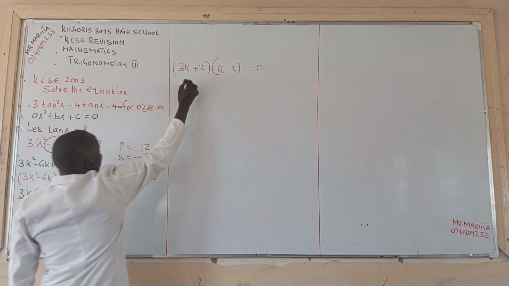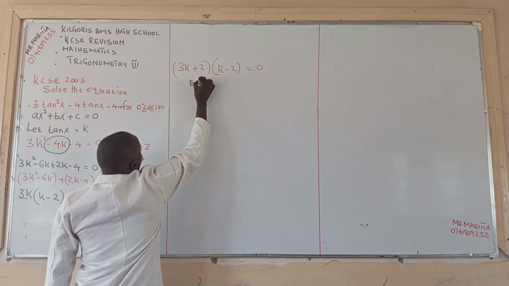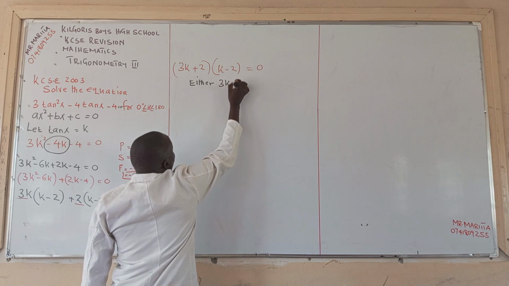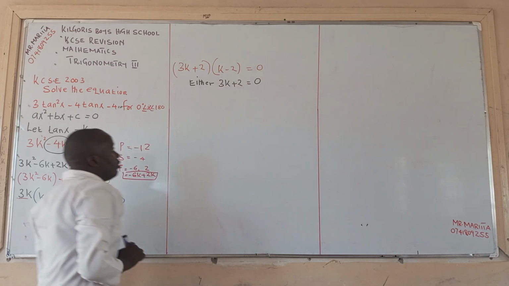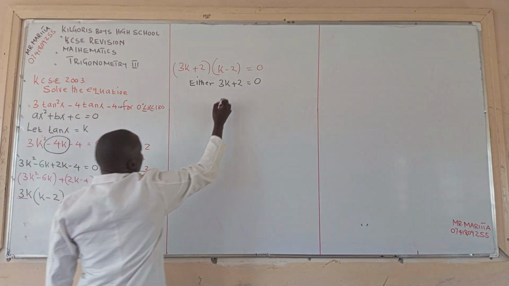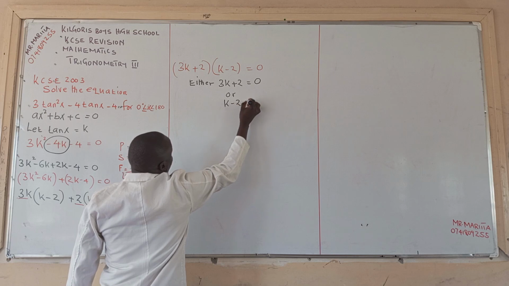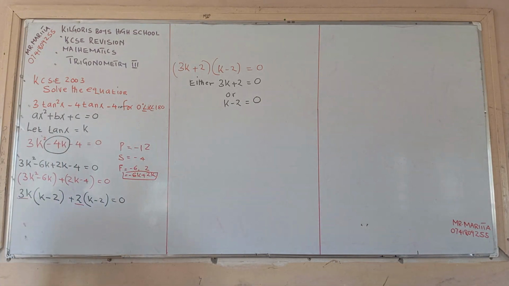So either 3k plus 2 equals 0, or k minus 2 equals 0.